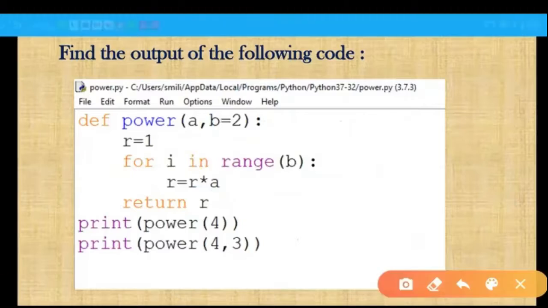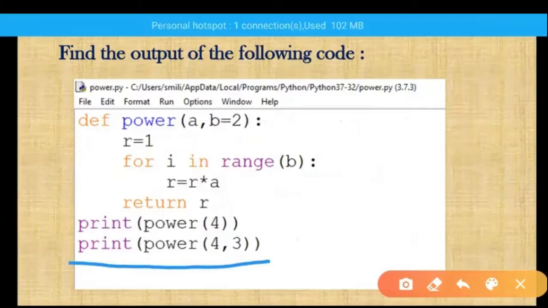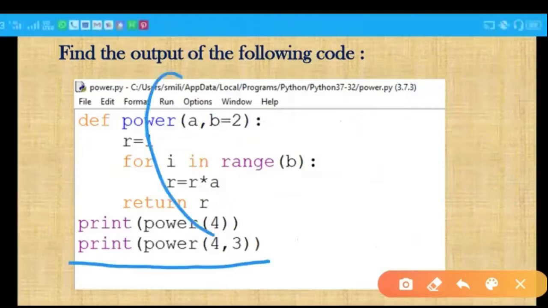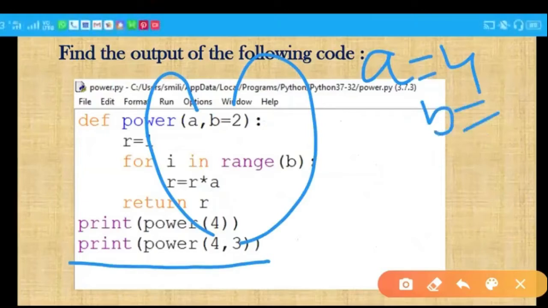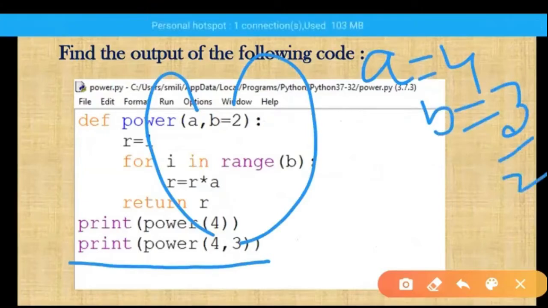Next time again I am calling the same function with two values. So 4 will be copied to a and 3 will be copied to b. Now a has the value 4, but b has the value 3. Earlier b was 2, and for that we had the solution r is equals to 16.